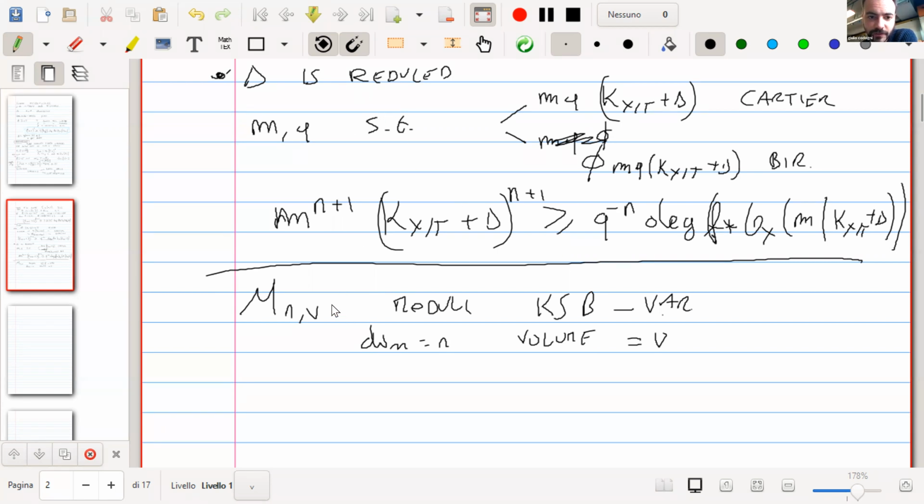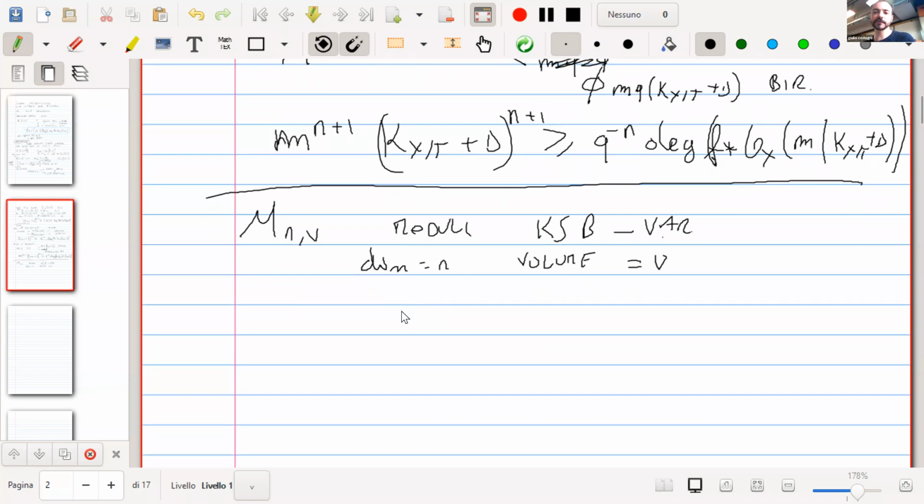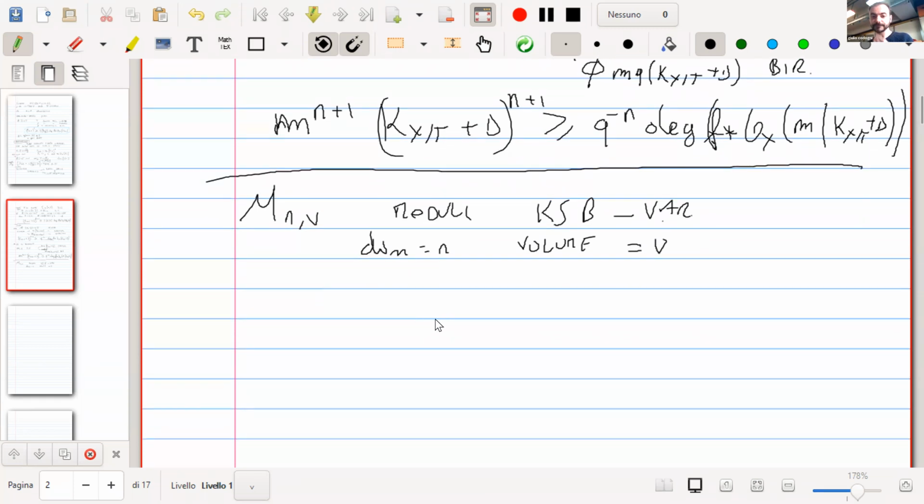First, because if you have pairs that are delta reduced, there is the normalization issue, and there are many issues. So it's just a moduli space of varieties, not of KSB pairs.